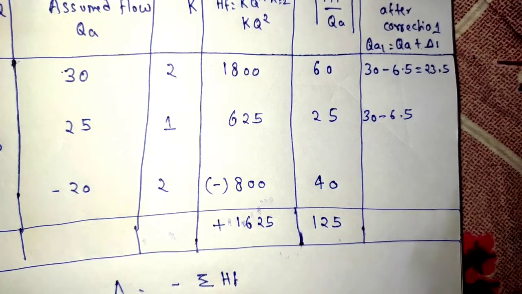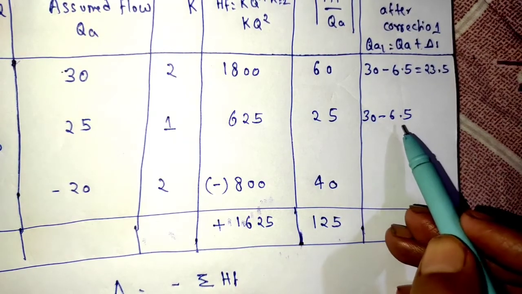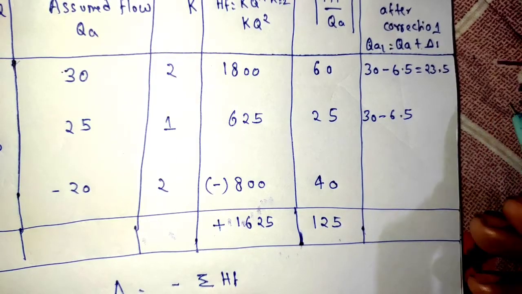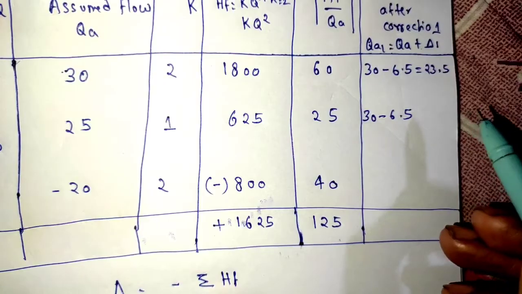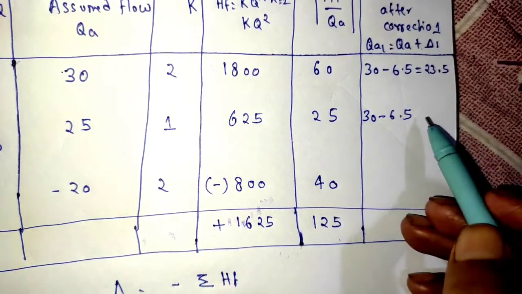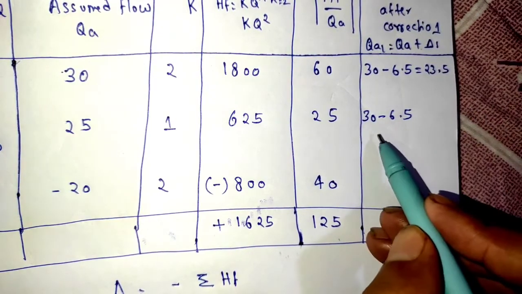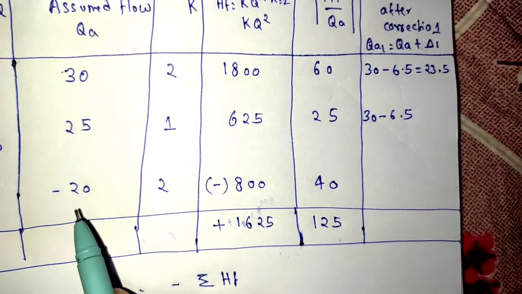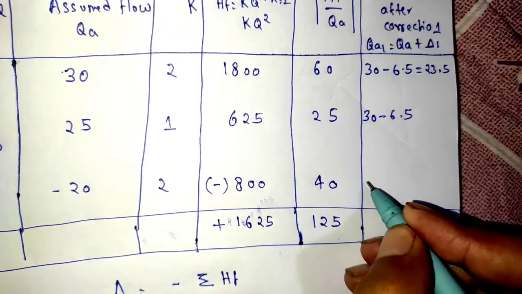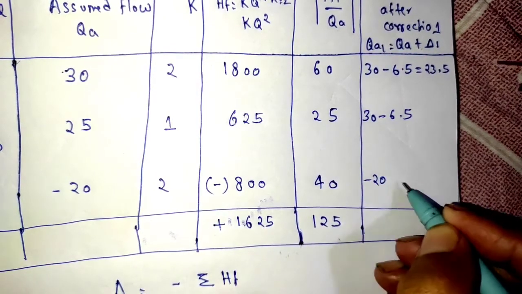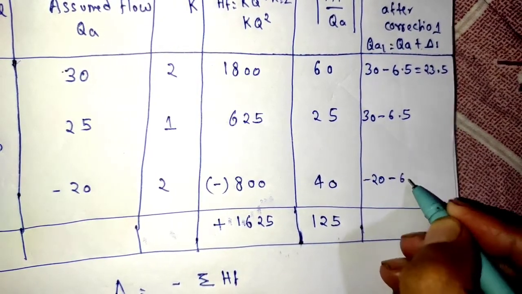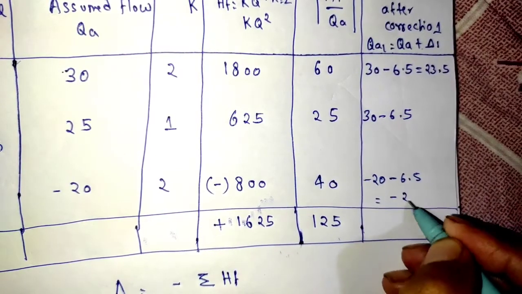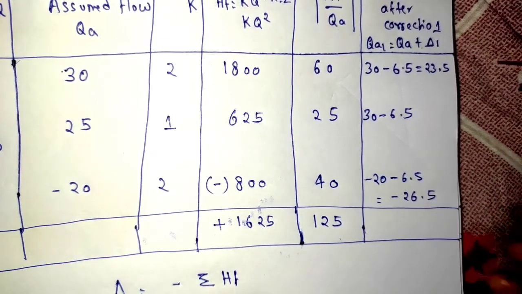So for the pipe BD, we cannot just rely on the value of delta 1 for the loop ABDA. So we will have to find the value of delta for the loop BCDB, right? So we will just leave it here, 30 minus 6.5. Here you can see the assumed flow was minus 20, right? So minus 20 minus 6.5 will become minus 26.5.